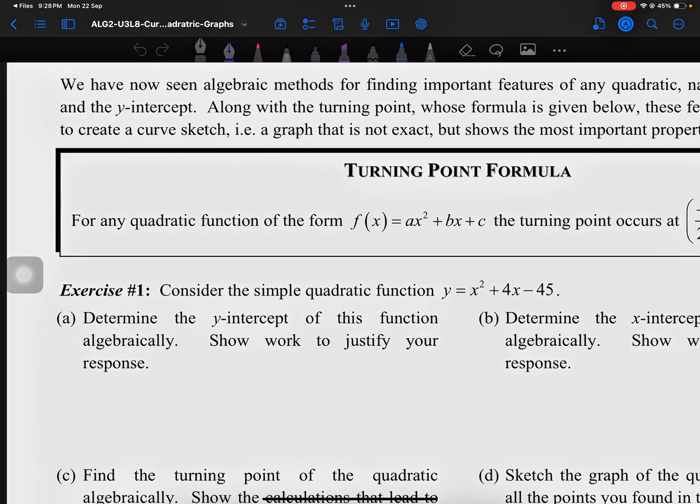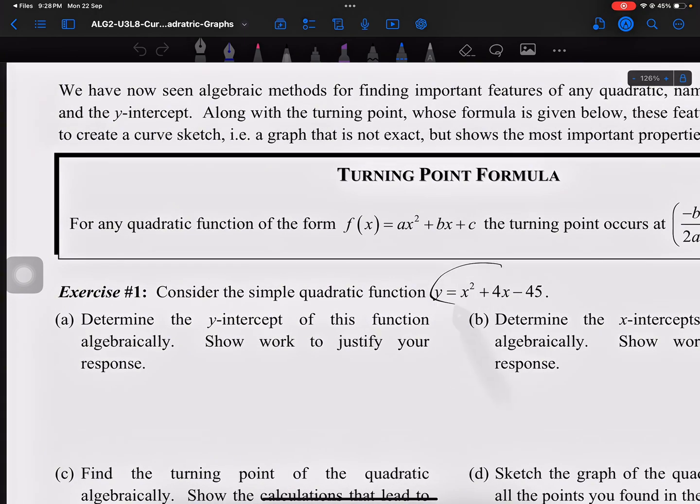So we are given this quadratic function and asked to find the y-intercept of this function. To find the y-intercept, we set x equals 0. We have y equal to x squared plus 4x minus 45.